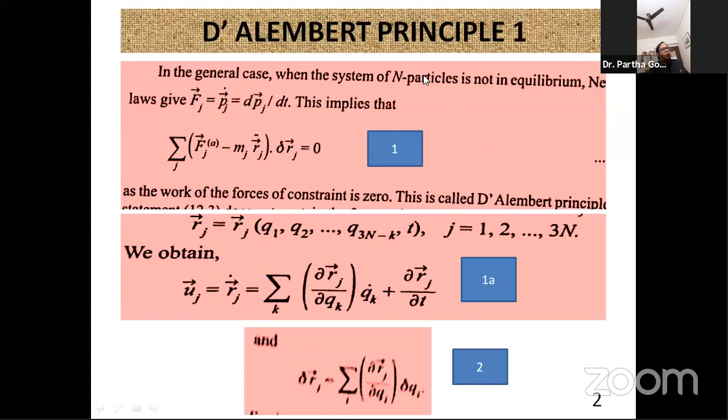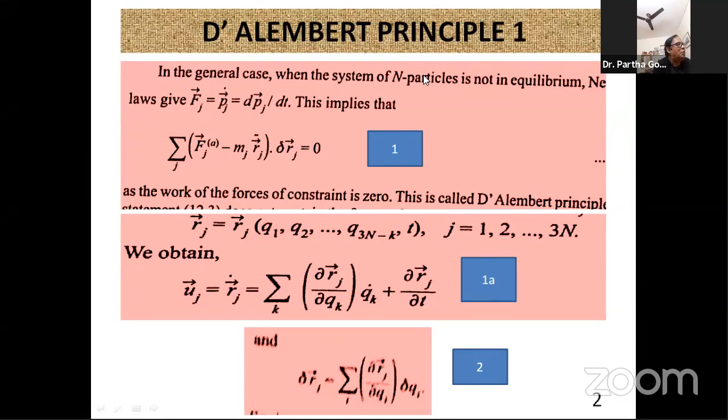And in equation 1a, actually the participant is right. I should not have taken k and k getting confused. I should have taken some other index rather than k, something like, let us say, lambda, zeta, or whatever, because k anyway is going to get summed over.